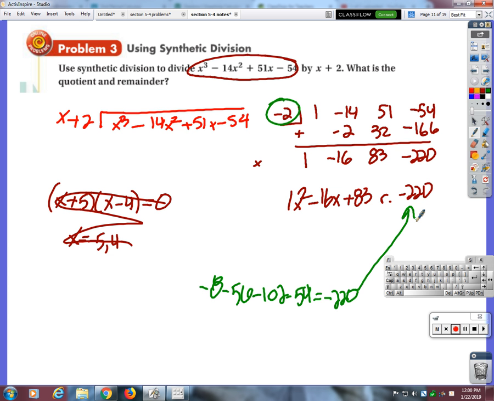So what the remainder theorem is saying is, if you are asked to plug in a value of x into a polynomial, instead of doing it this long way, you can just use synthetic division, and whatever the last number you get is, that's what you would get if you plug that number in, okay?